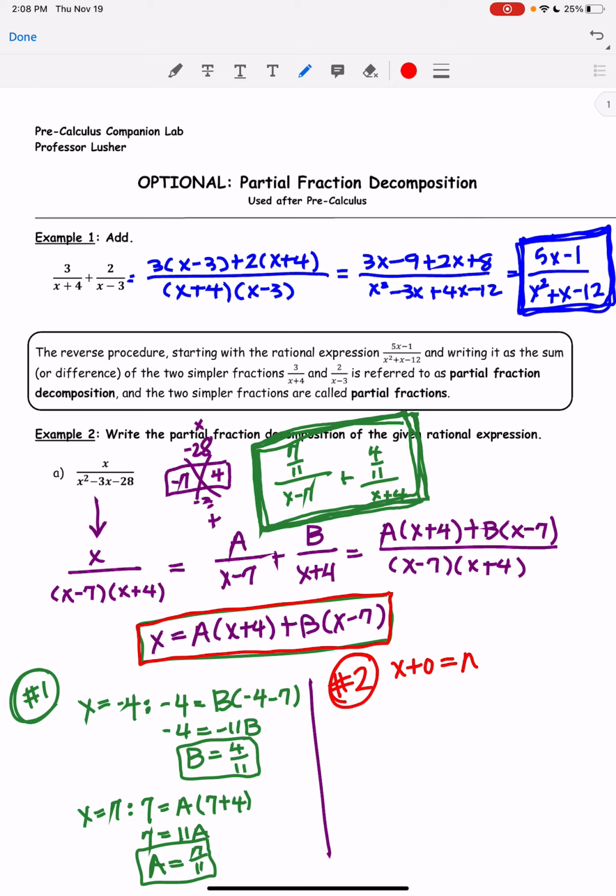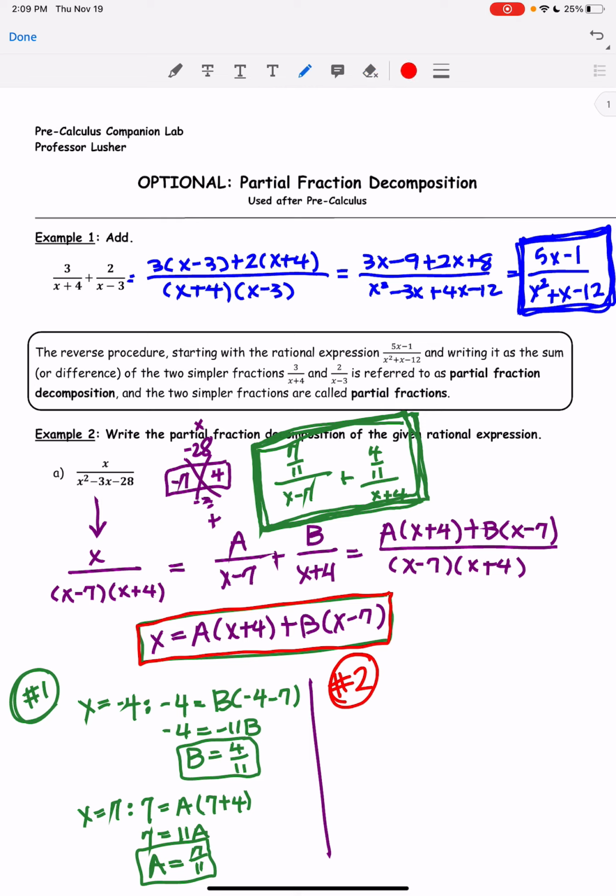actually, and I'm going to distribute my a and my b. So this becomes ax plus 4a plus bx. And I'm going to erase this just to try and get this to all fit here.